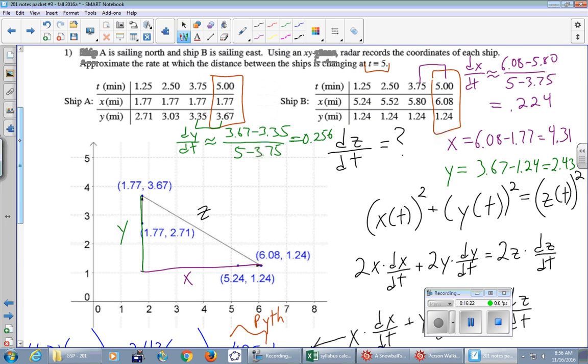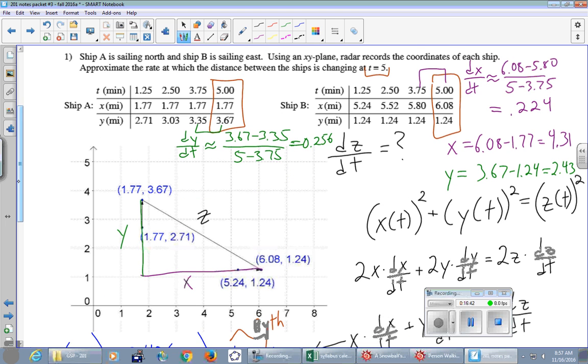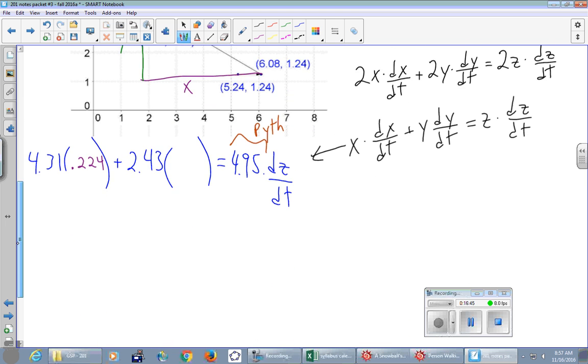Up on top there in purple, is it 0.224 or 0.124? All right. And then on the other side, the dy/dt in green was 0.256. So we plug that in. Now finally, finishing is easy.